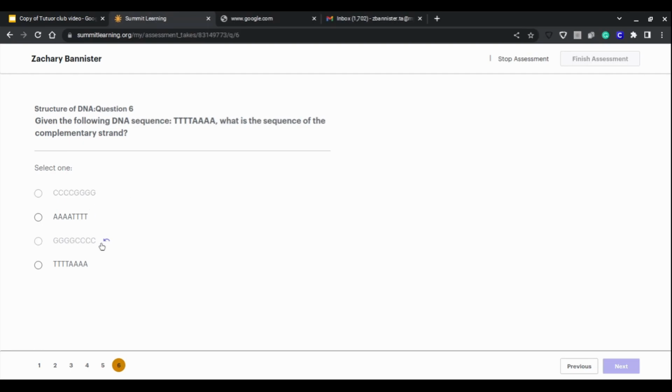Well, it's T to A and A to T, right? So we know it's definitely not going to be another set of T's and A's. So we can eliminate this bottom answer right off the bat, and we're left with A to T here. And yep, correct. A's to T's and T's to A's.